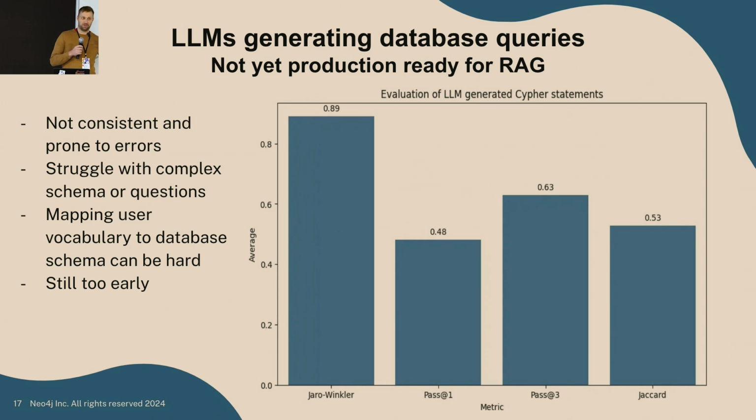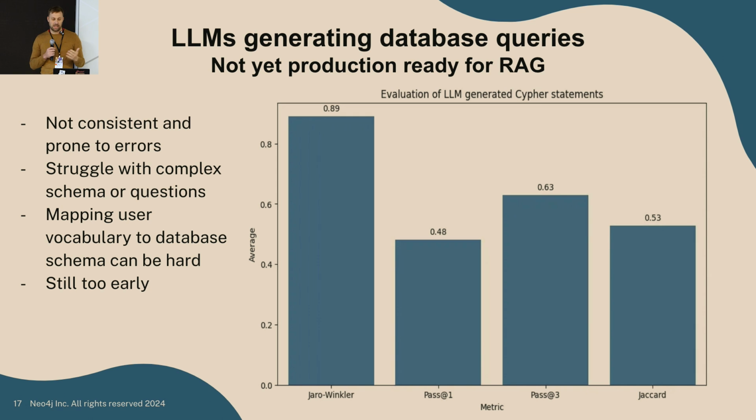For use cases where you're just drafting database queries and you have a subject matter expert validating those queries, that's a totally fine approach. But in a RAG pipeline where you have non-technical users who don't really know what's going on under the hood, generating database queries isn't good enough at the moment, at least, because it can struggle with complex schemas or questions.